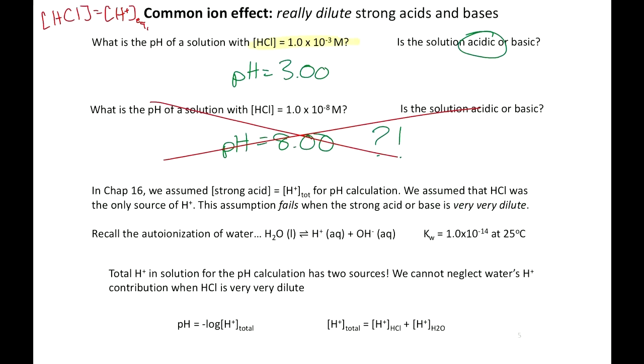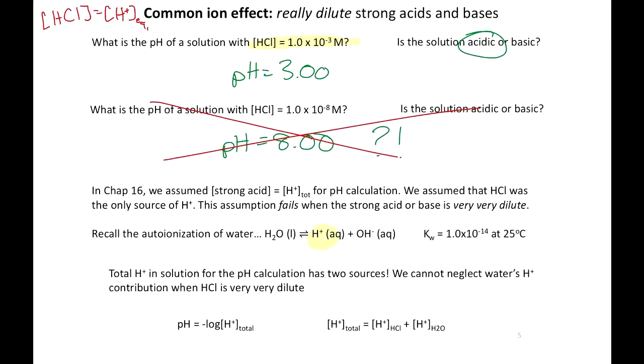So the idea here is that water can contribute some of that H plus because it auto-ionizes, it has that Kw. All along, we've been assuming that the total H plus in solution only came from the acid. But we can't do that when the acid concentration itself is really, really small, right? What is the pH of neutral water?